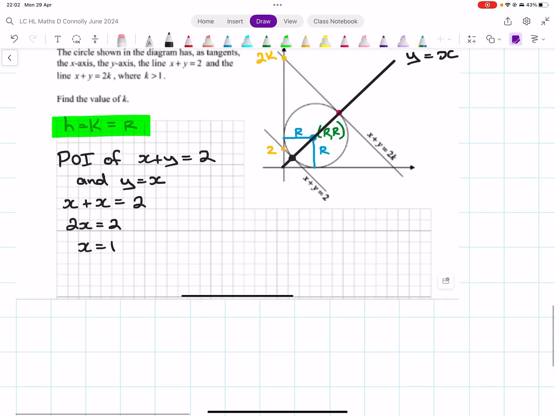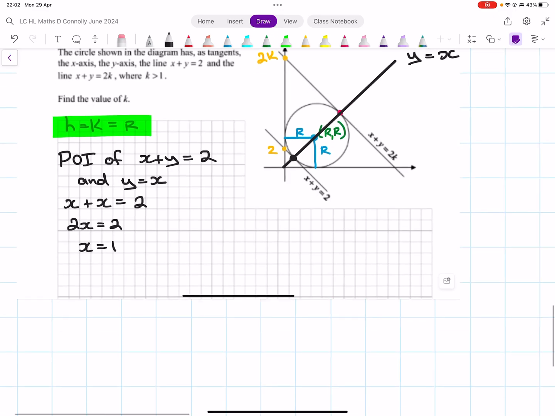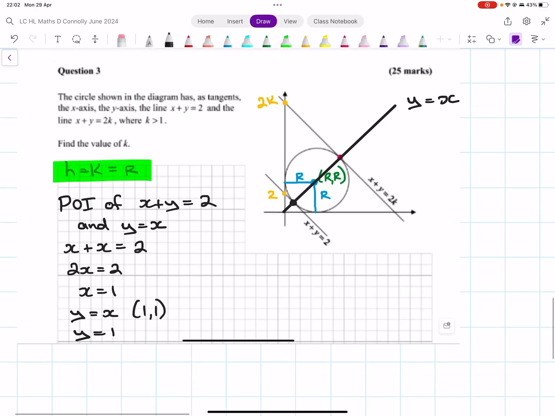Then if you sub that 1 back into y equals x, you get y equals 1. So we get the point (1, 1). I don't know if those yellow bits are going to be important anymore.